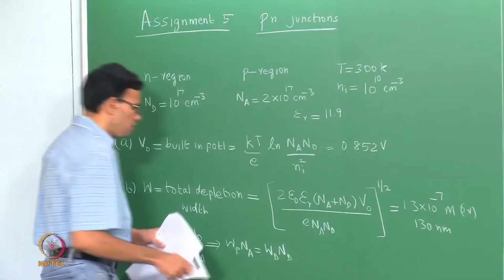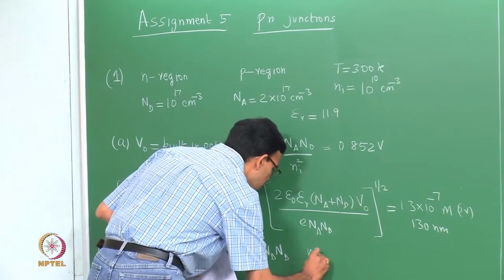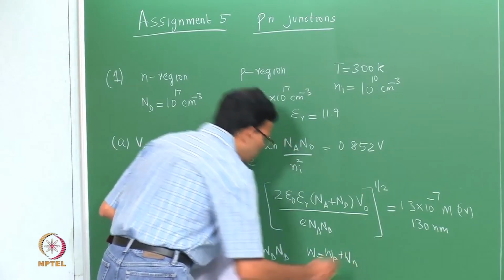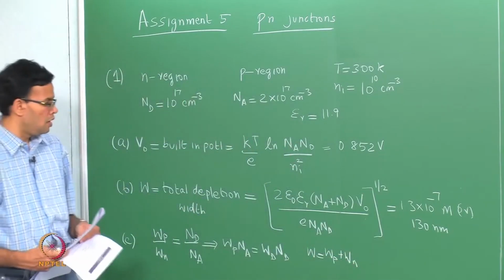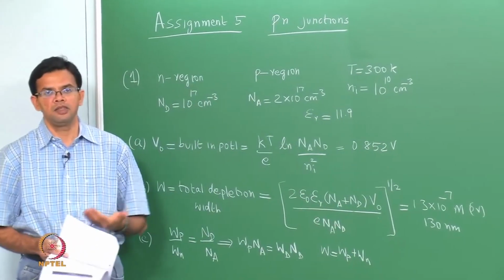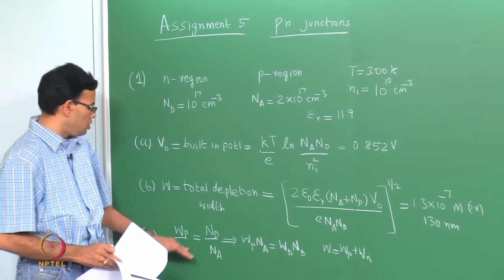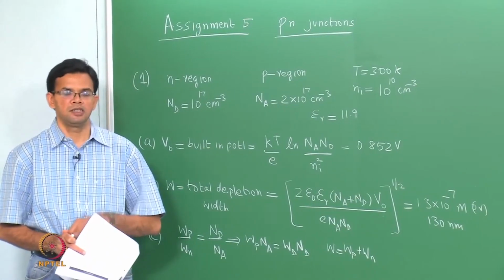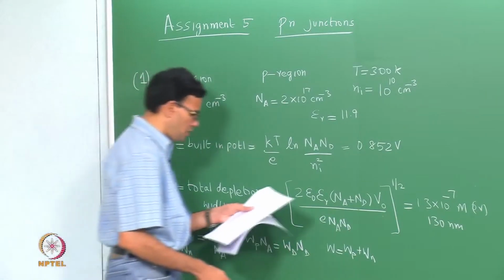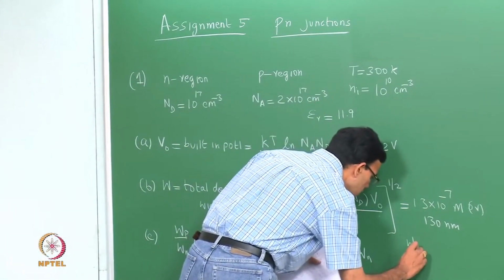We also know that the total width W is just Wp plus Wn, and the total width W has been calculated to be 130 nanometers. So, we have all the numbers. It is again a case of doing the substitution and the math. I will just write down the final values.